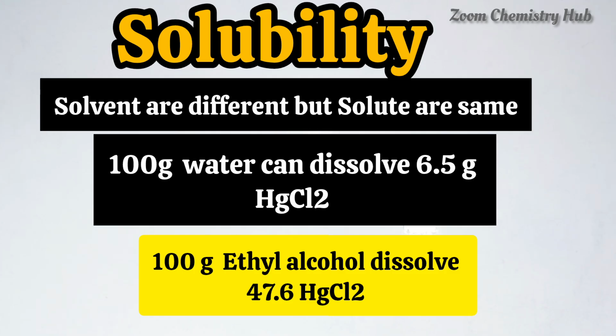So different solvents have different solubilities for the same solute, and in short, the like dissolves like rule says that solute and solvent of the same nature will be soluble in each other.